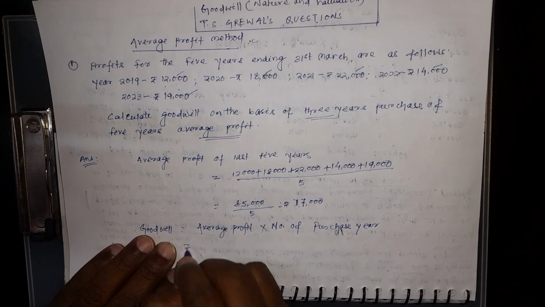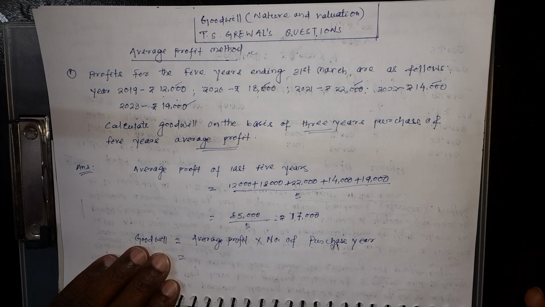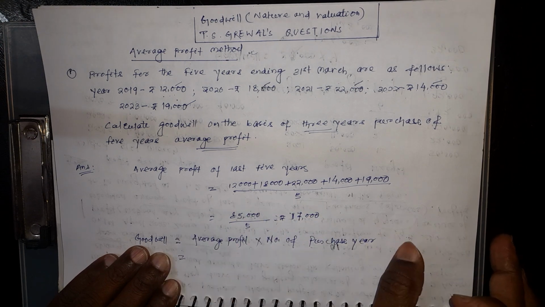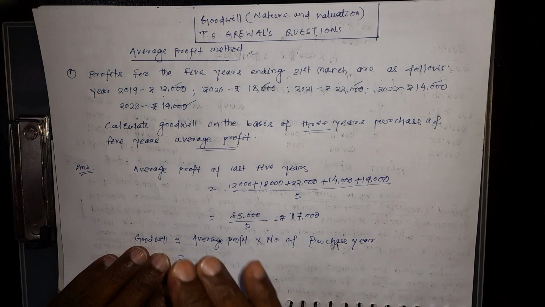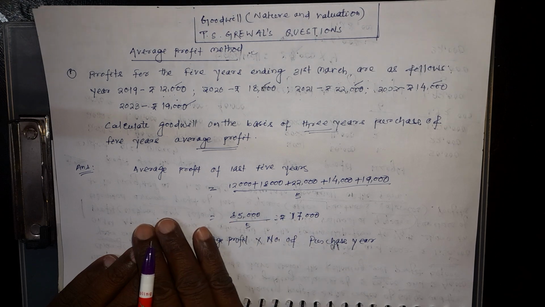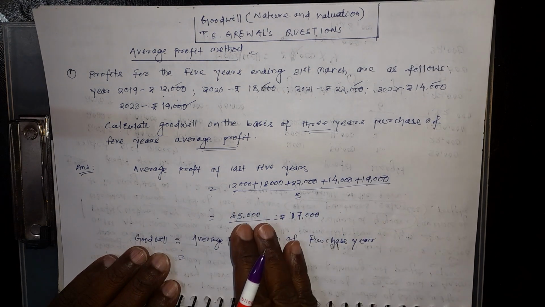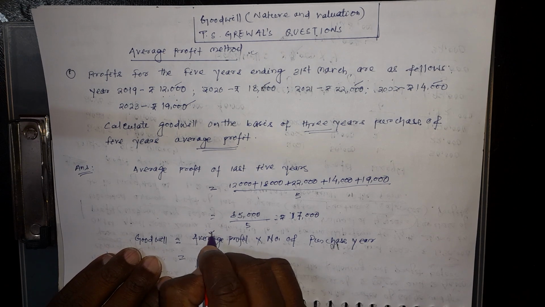I already told in the last video, the average profit is to be calculated from the question. The method is, if 3 years profit is given, you add it and divide by 3. If 4 years is given, you add all 4 years profit and divide by 4. So this is the first average profit you will find out.